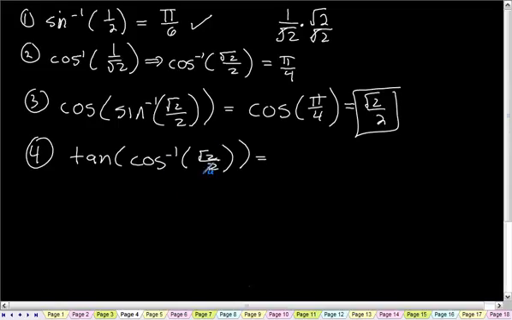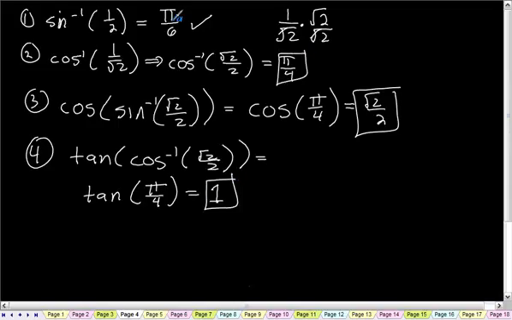What angle has a cosine of radical 2 over 2? That has to be pi over 4. So the tangent of pi over 4, 45 degrees. What is the tangent of 45 degrees? According to our chart, 1. So those are our answers, 1 through 4.